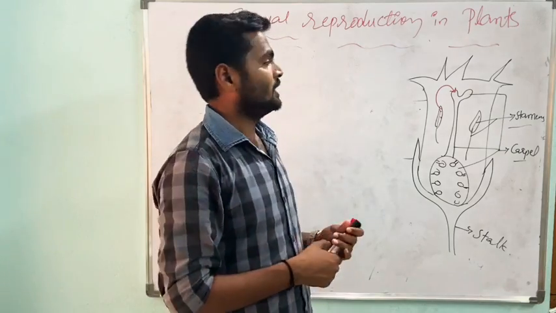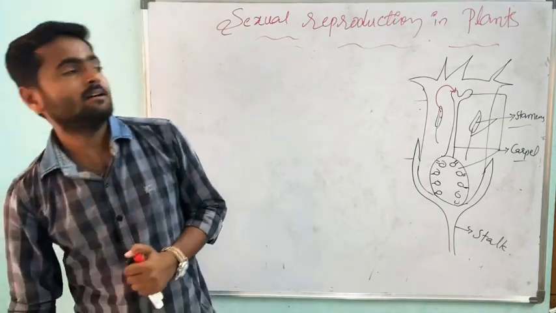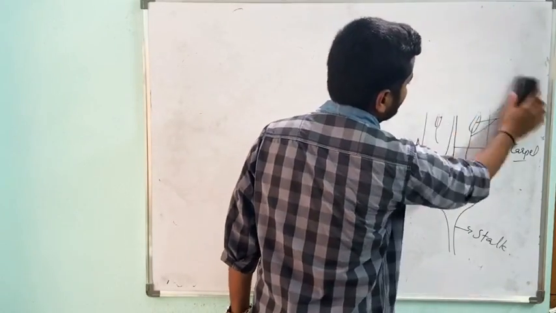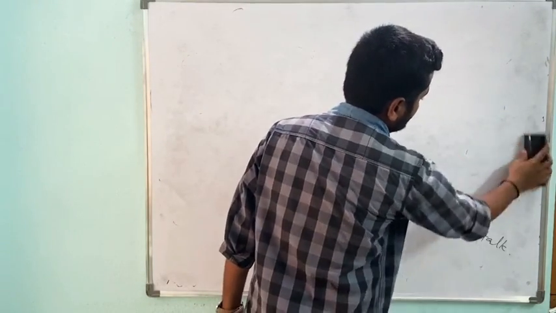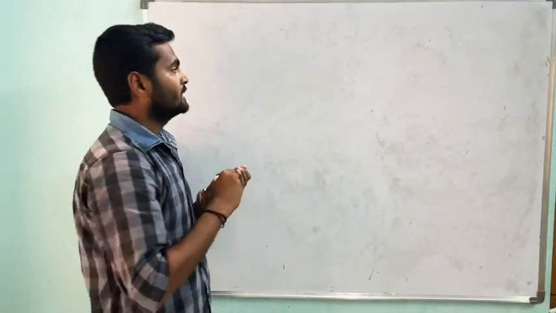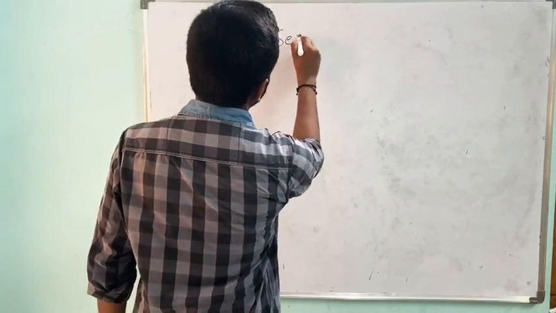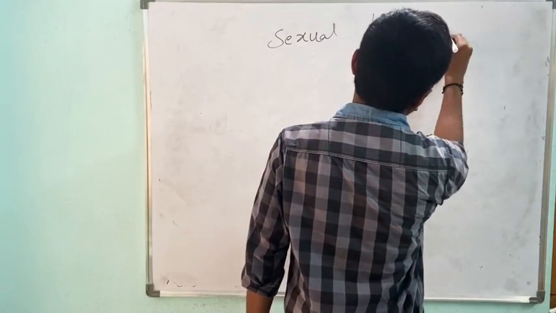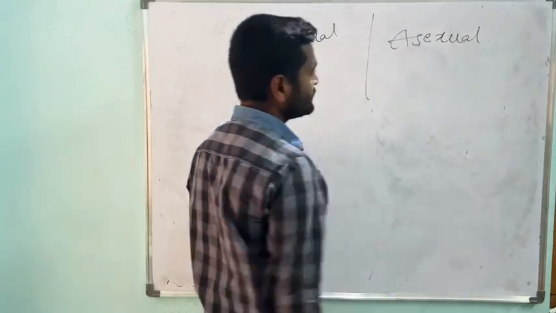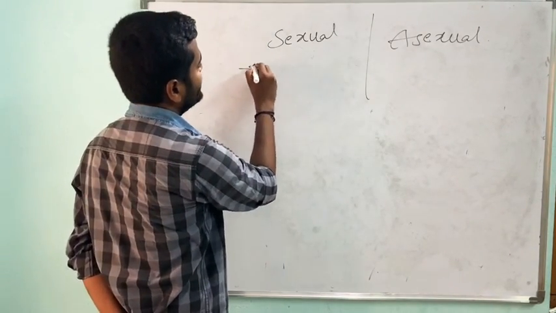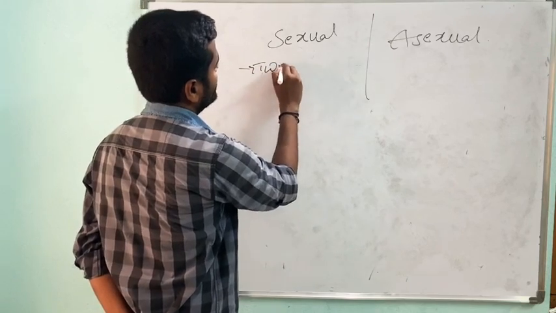Now, so far we discussed sexual reproduction in plants and animals. So what are the differences between sexual and asexual reproduction? Let's see. Here in the sexual mode of reproduction, two parents are required.